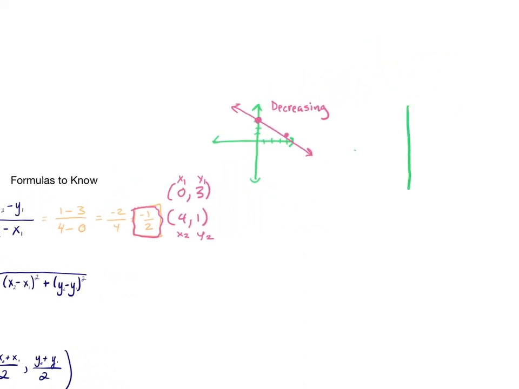If we had a line starting from left to right that goes up, this would be increasing slope. So our slope would be positive if our line looked like that.